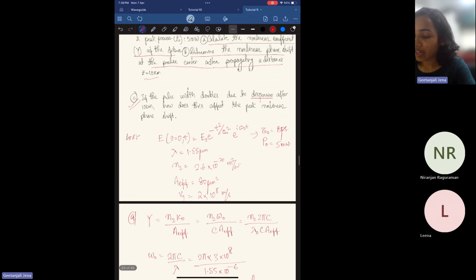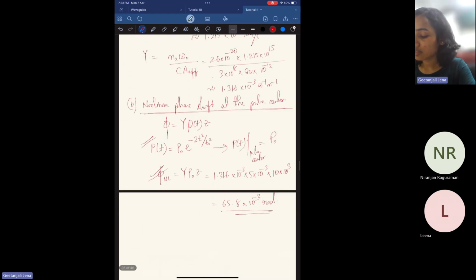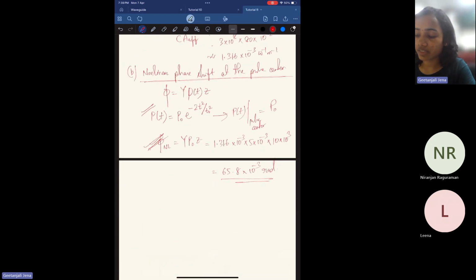Now the C part is telling us that we have a pulse width T0, and now we are increasing the pulse width to 2 times tau 0. Then how will this phase shift be affected by the change in the pulse width?